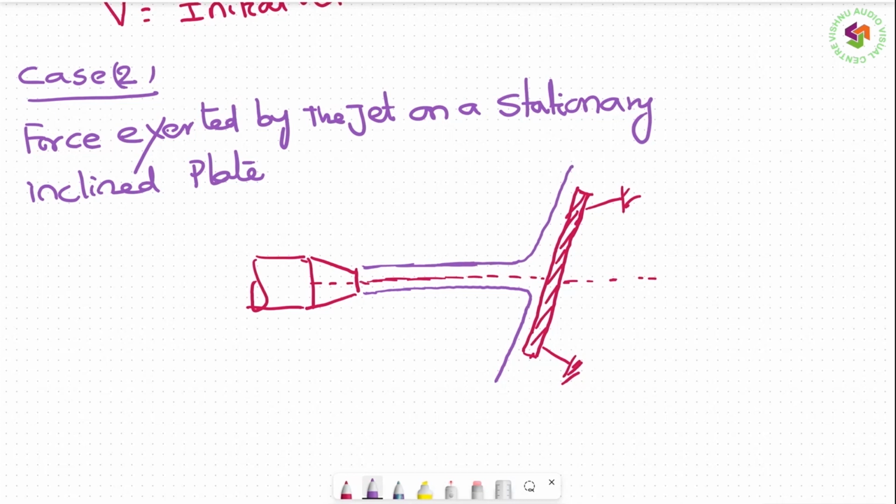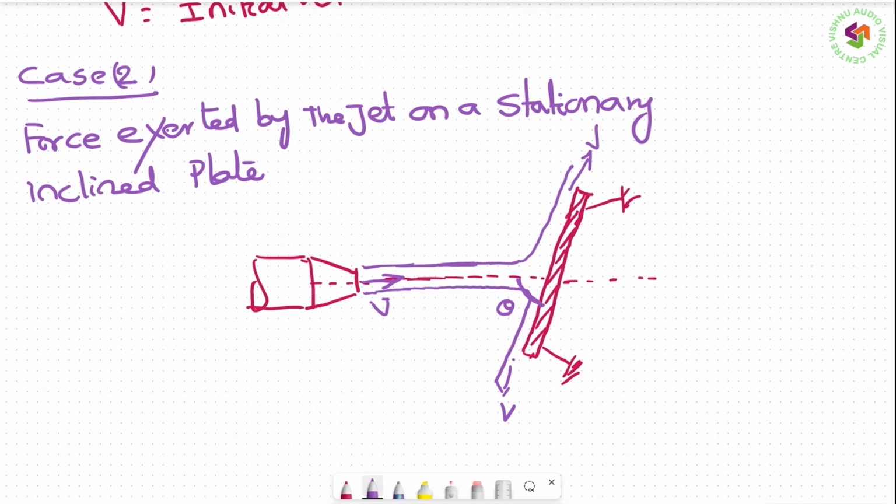The jet comes out here with a velocity v, again like last time, and it leaves like this with a velocity v. This angle is not 90, it is some theta. This is our problem. So how is this type of problem solved? When an inclined plate is kept, it makes an angle theta with the horizontal jet.